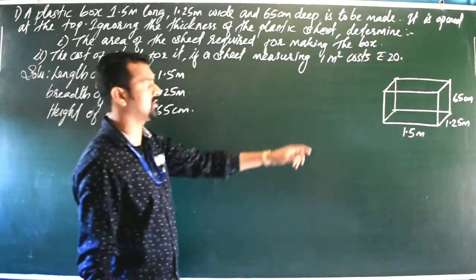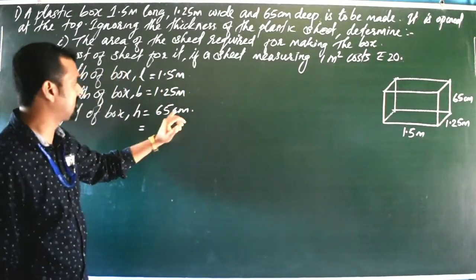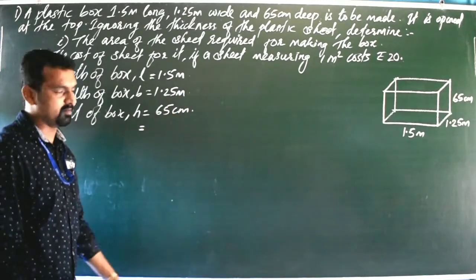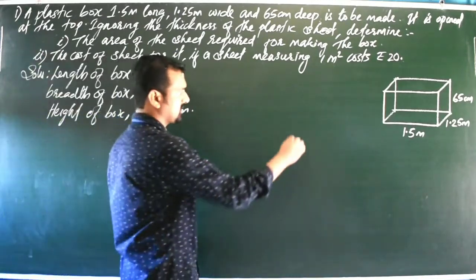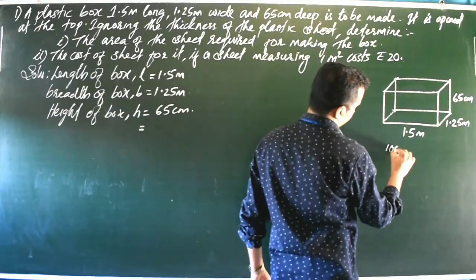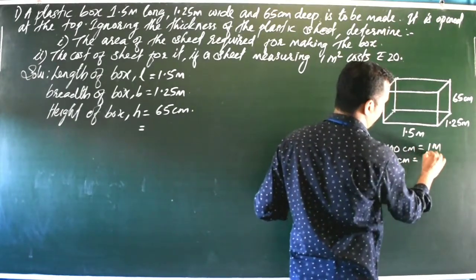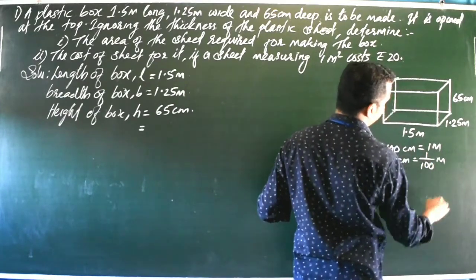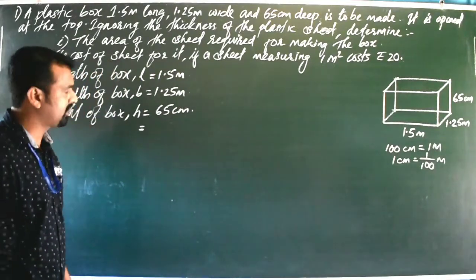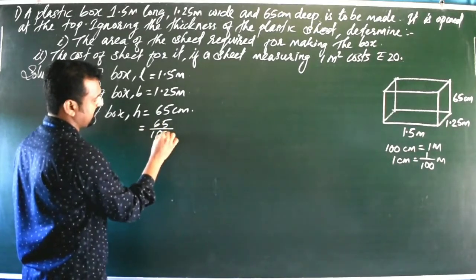The cost of sheet is given here, rupees 20 per meter square. That is why we are going to convert this centimeter into meter. Length and breadth are given in meter, so centimeter also we will convert into meter. How can we convert it? 1 centimeter is equal to how much meter? 100 centimeter is equal to 1 meter. 1 centimeter is equal to 1 divided by 100 meter. 2 centimeter is 2 divided by 100 meter. 3 centimeter is 3 divided by 100 meter. 65 centimeter is equal to 65 divided by 100 meter.